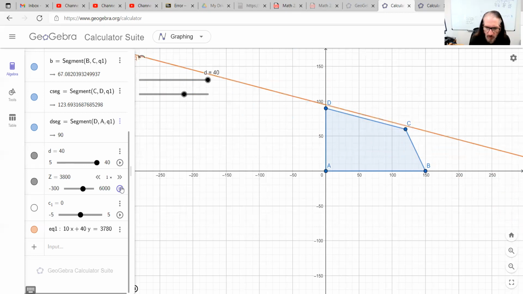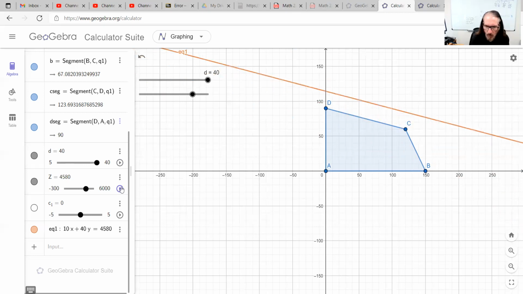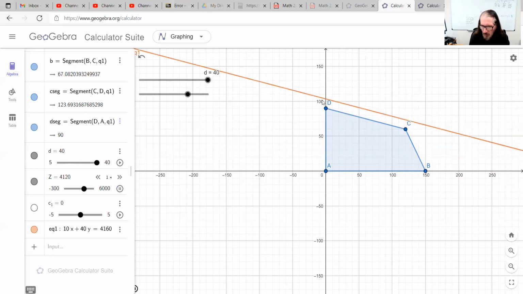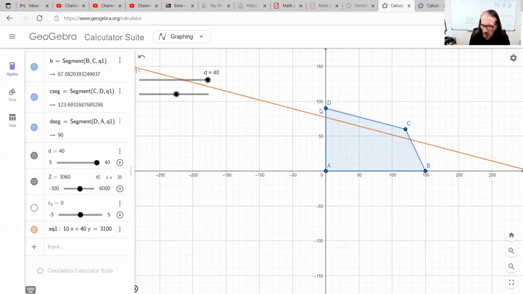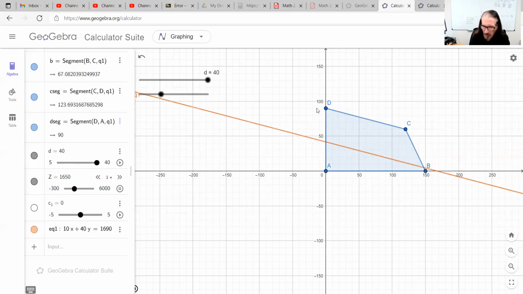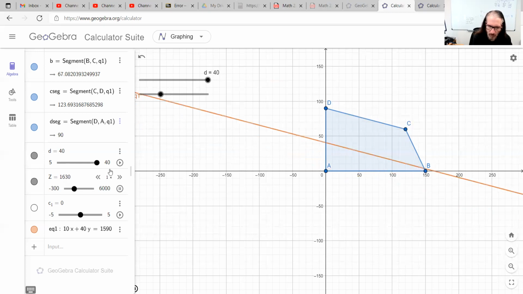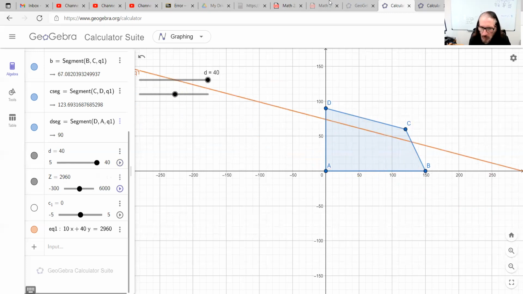So remember, as in the previous example, what we want to do is get the slope of the profit line to match up for a value of d with the slope of this line segment and with this line segment. So what's going to do that?